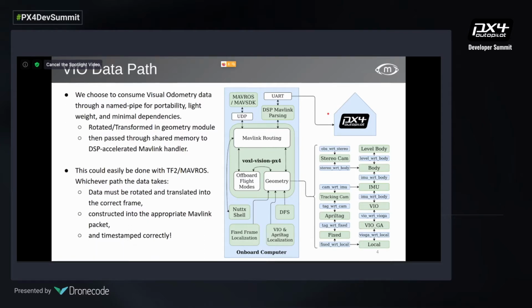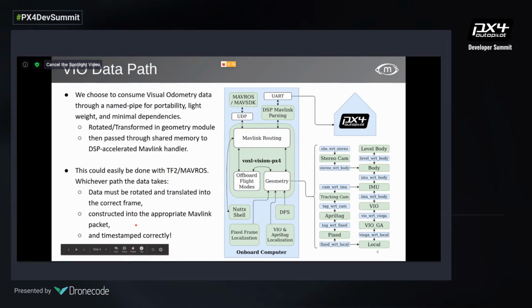And whether you use TF2 or other ROS tools or Mavlink router, you still have to make sure every step of the way that the data is correctly rotated and translated into the frame that PX4 expects. You have to choose the appropriate Mavlink packet for what you're trying to do, and you have to make sure that the data is timestamped correctly.